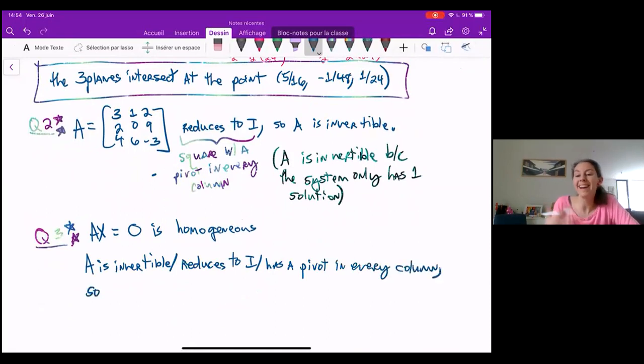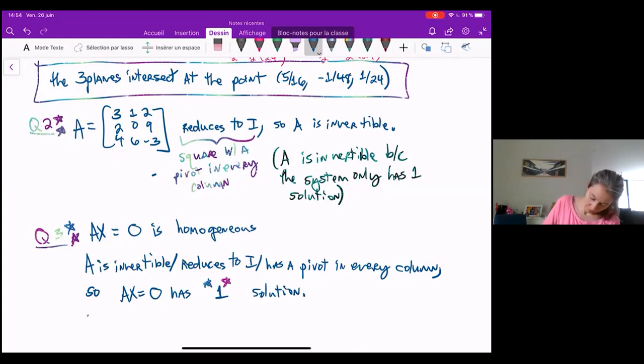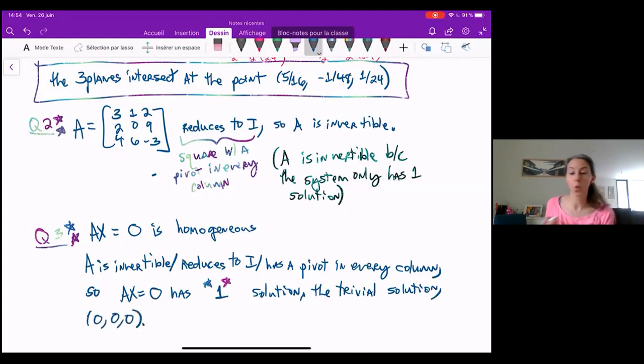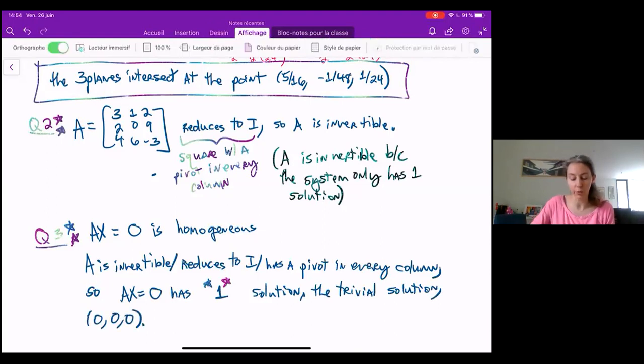So therefore it has one solution. But because this is homogeneous, we actually know what that one solution is. It is the trivial solution. And the trivial solution is the origin, or the point 0, 0, 0.